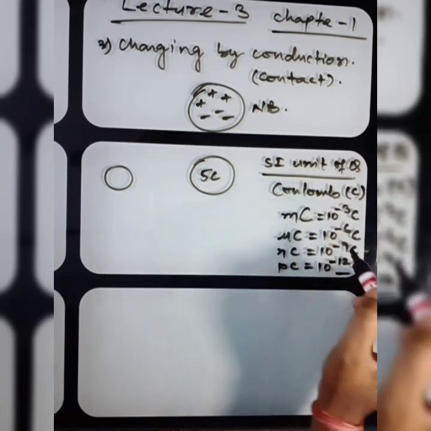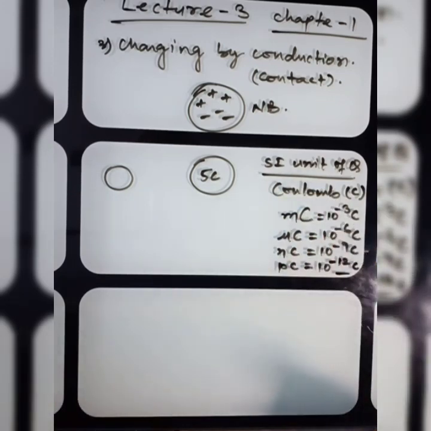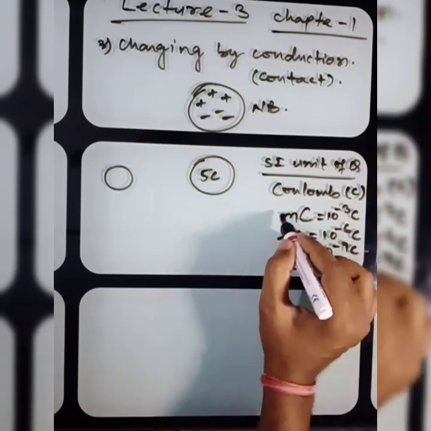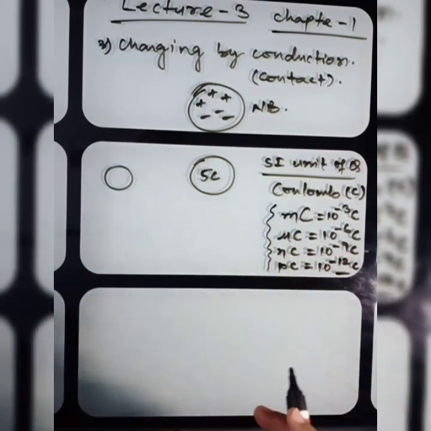So Coulomb is a big unit of charge, and we use mathematical suffixes to represent charge in small amounts.